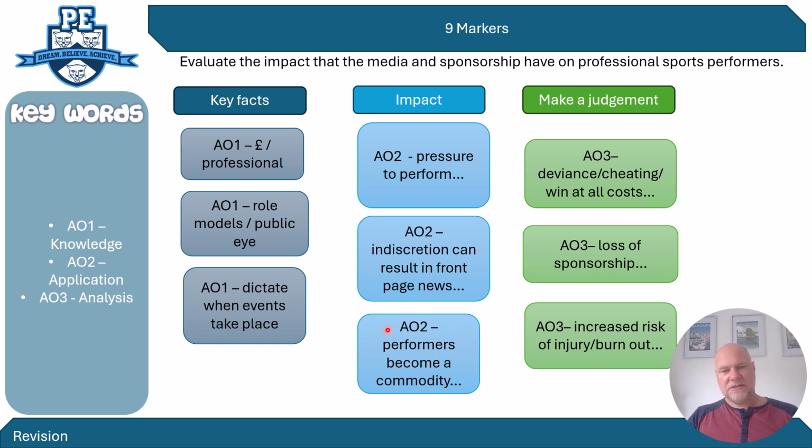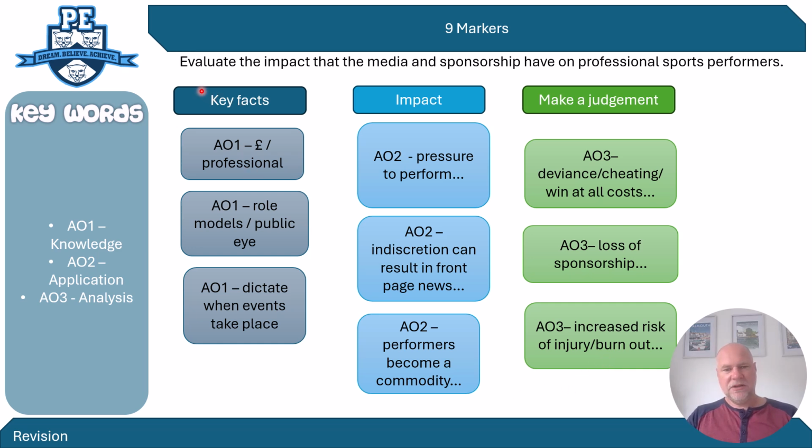So that's an impact on the performer because they lose their control and their power, and they're having to compete in events that might be longer seasons, events that they might not usually compete in, and this could lead to an increase of risk of injury or burnout or shorter playing careers because they're committing so much to these events that are put on by their sponsors and media just to make their money.